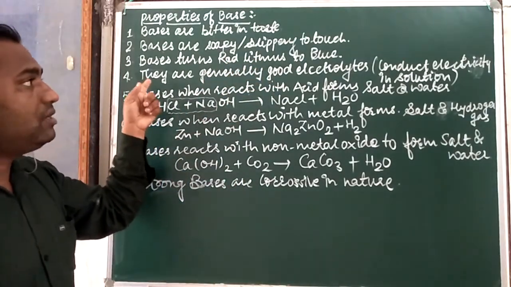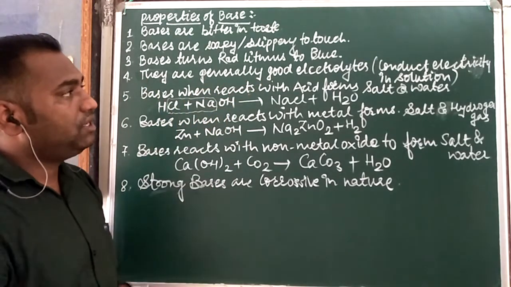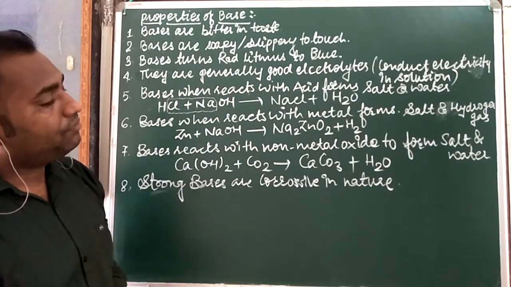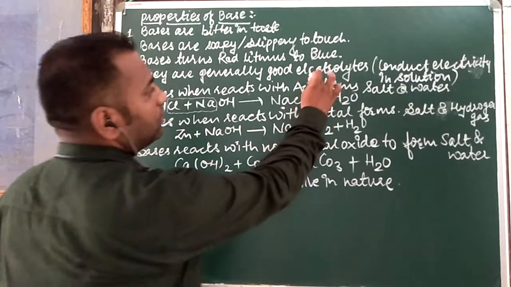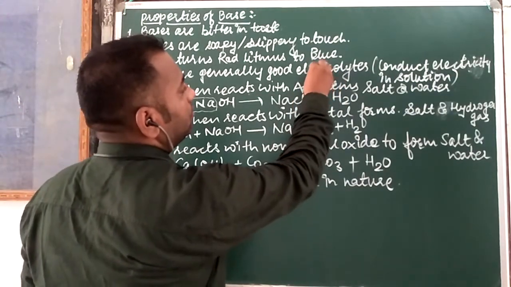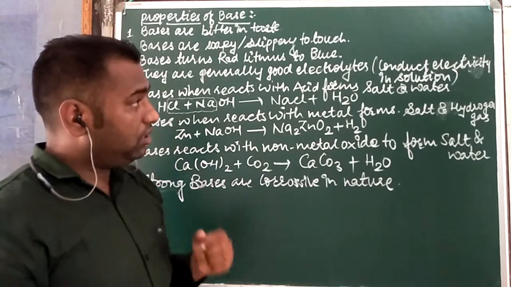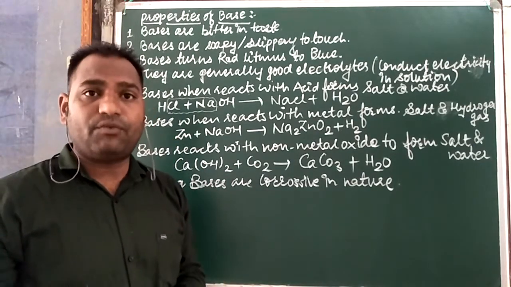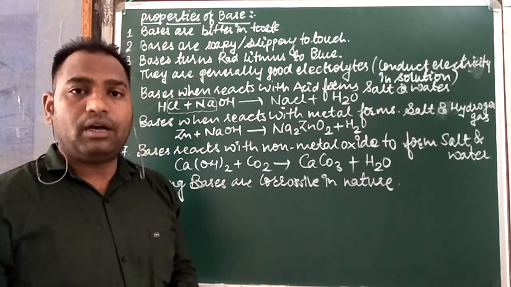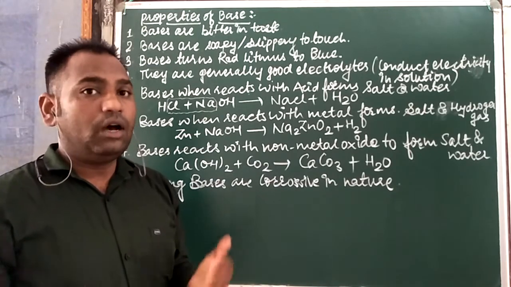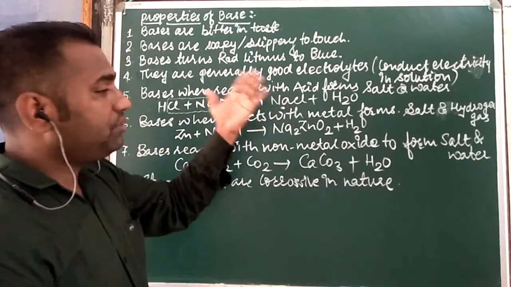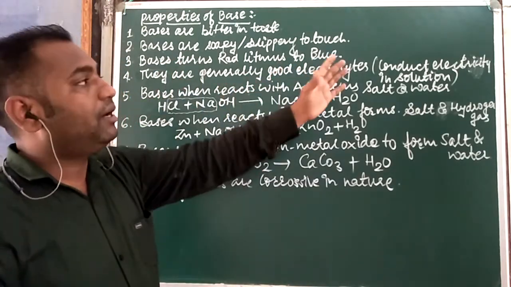Next, they are generally good electrolytes. During electrolysis, we need some ion dissociation. For ion dissociation, generally we can use acids or bases.